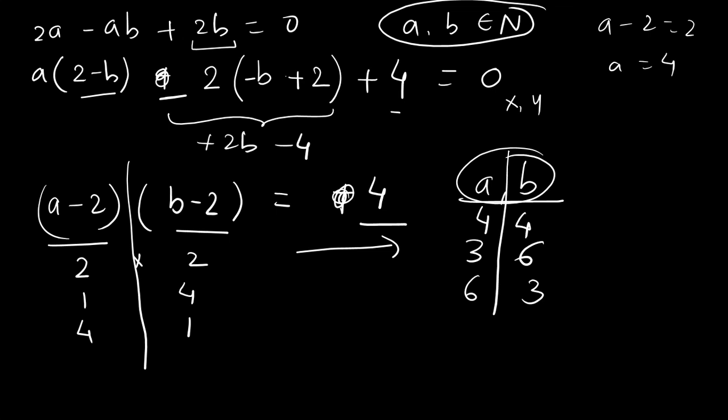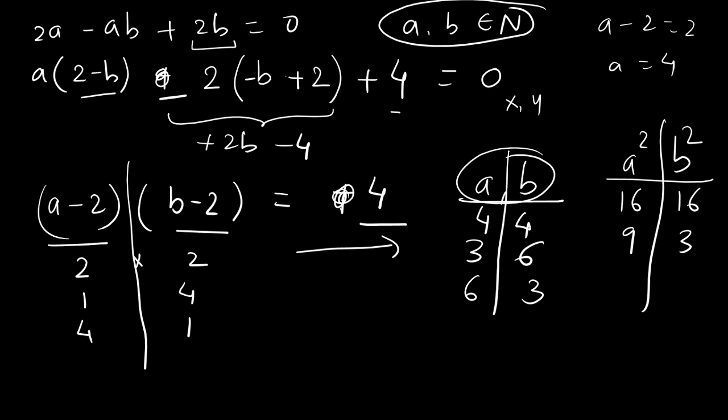So let's take a square of these. So a square, b square for these cases will be 16, 16, 9, 36, 36, 9, and then we have to multiply 5 to get x and y, or y and x. It does not make any difference. So multiply by 5.